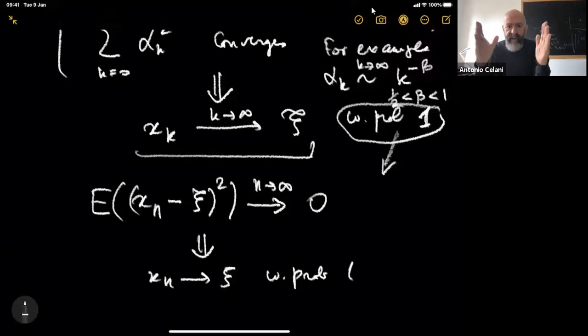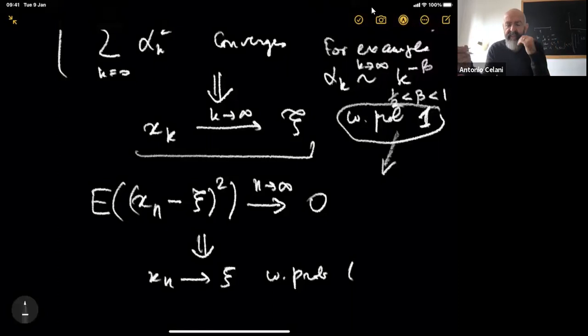So if the mean square error, which is this object, between the true 0 and my estimate of 0 goes to 0, it's impossible that there is any probability left outside that.